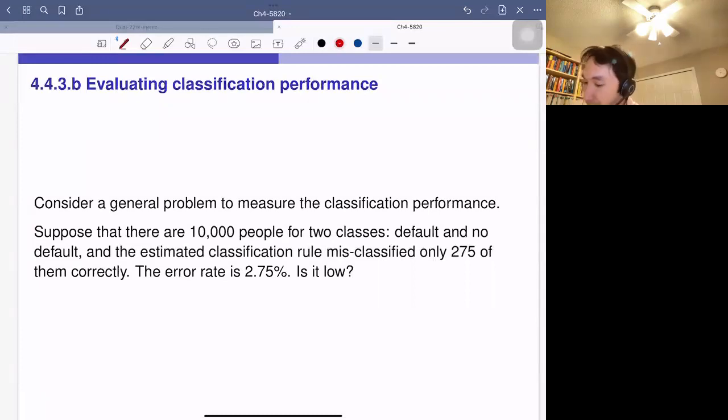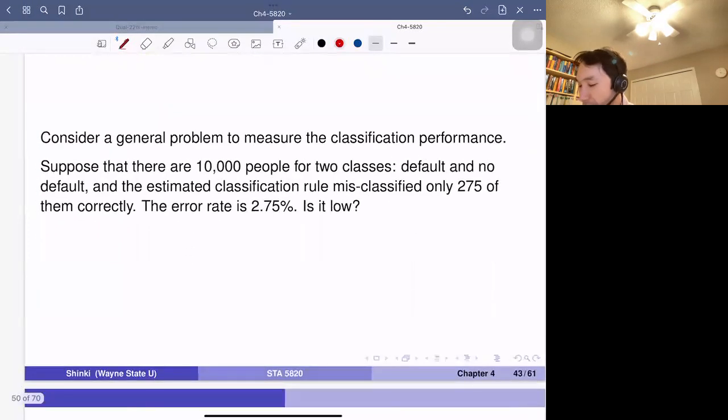Okay, so next, evaluating classification performance. Consider a general problem to measure the classification performance. Suppose that there are 10,000 people in 2 classes, default and non-default. And the estimated classification rule misclassified only 275 of the 10,000 people.